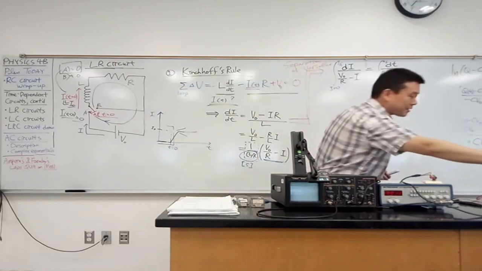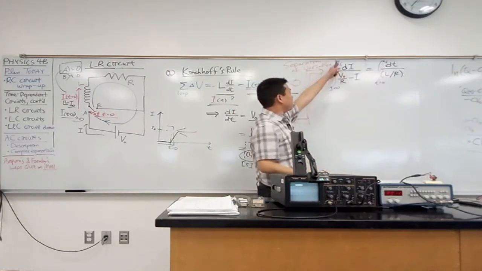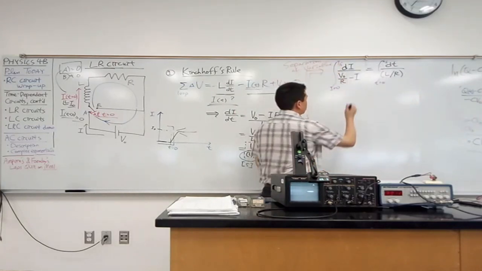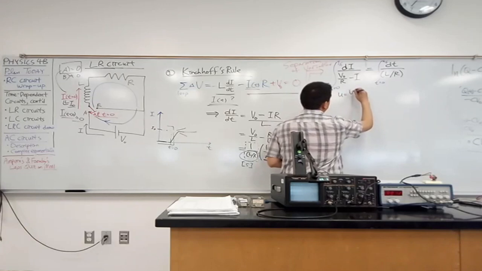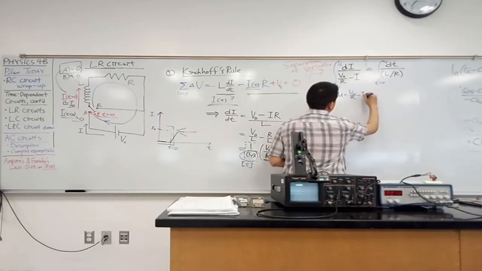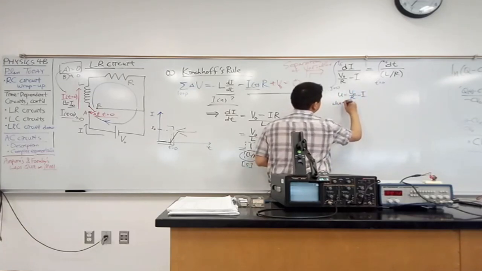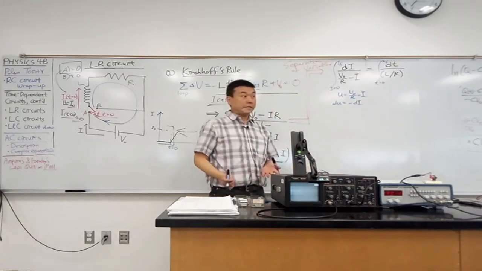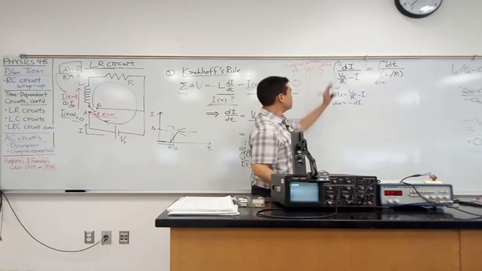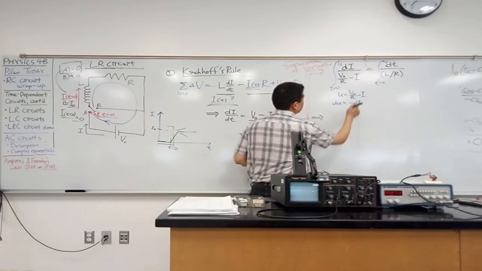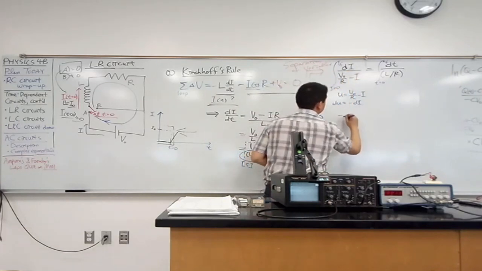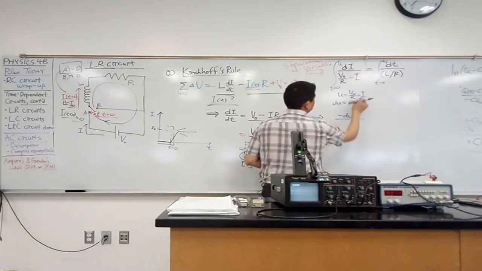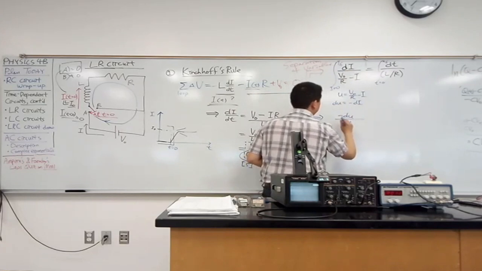So this time the u substitution will be, I have this thing, so I do this substitution. u is equal to v naught over r minus I. So du is equal to minus di. Good? Plug it in. This is what you end up with. di becomes minus du over u.